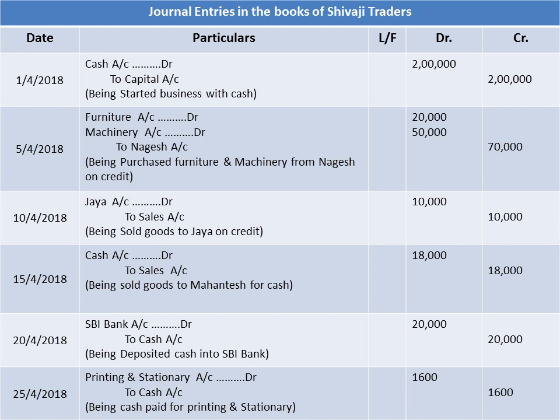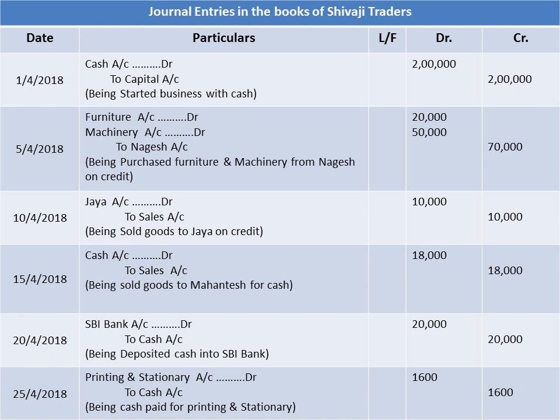Being purchased furniture and machinery from Nagesh on credit. The same thing in the third transaction, sold goods to Jaya of rupees 10,000 on credit: Jaya account debit to sales account, being sold goods to Jaya on credit.